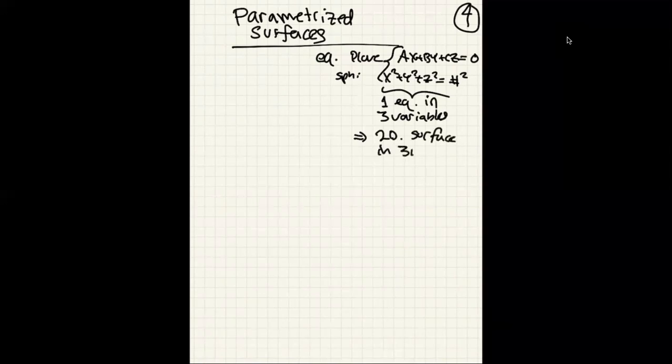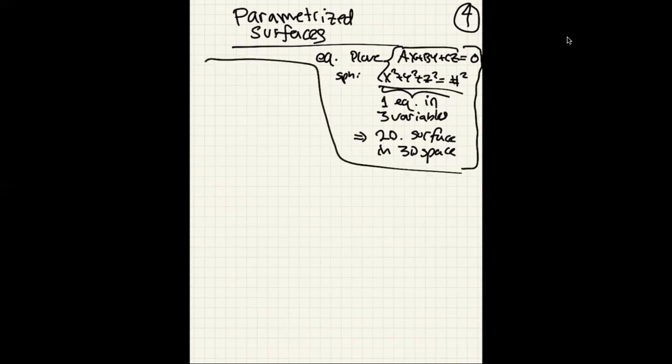in 3D space. So we're going to find a different way, a more hands-on and involved way, of describing these things. It's going to be a different perspective. Okay, so I want to remind you what we have when we have a parametrized curve.